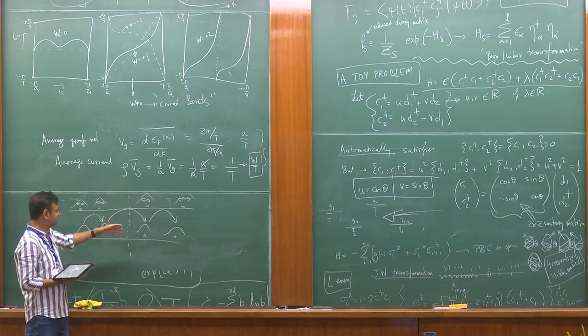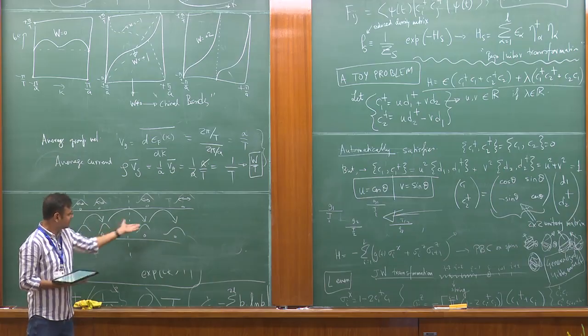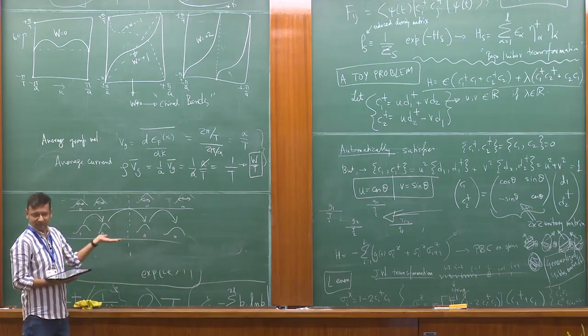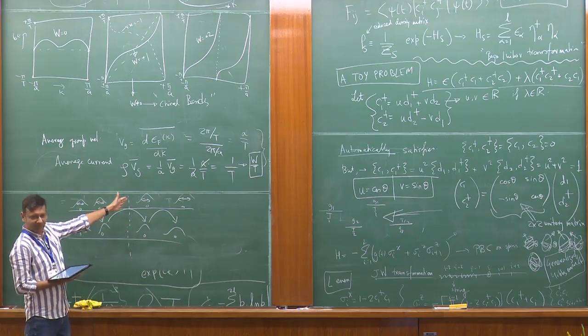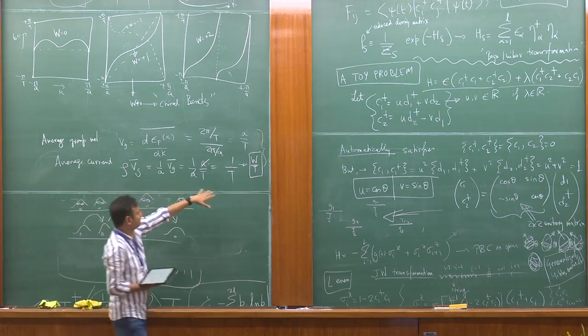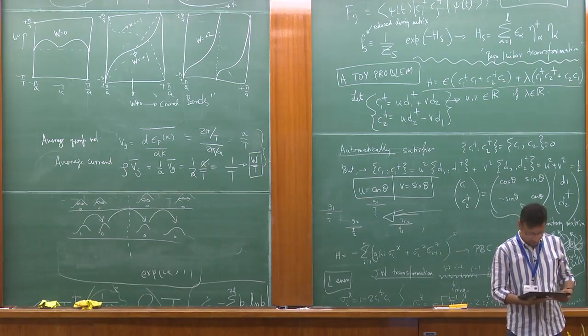But there's a net transport of 1 unit of charge in one time period in this problem below, and 0 transport in this problem above. So that's the distinction here. It's a topological distinction.